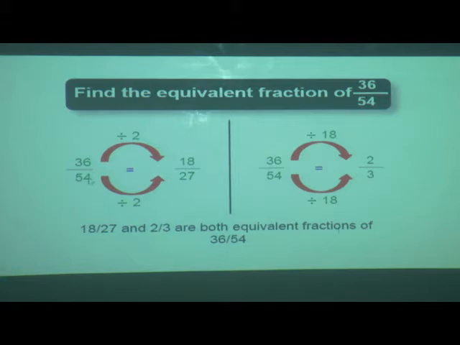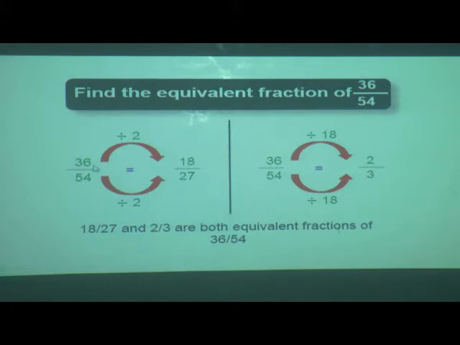Why are we dividing both by 2? In the previous sum also we saw that whatever we take in the numerator or the denominator, the same number should be used in both places. So if you are dividing by 2, 54 should be divided by 2 as well as 36 by 2. So what will we get when you divide by 2?